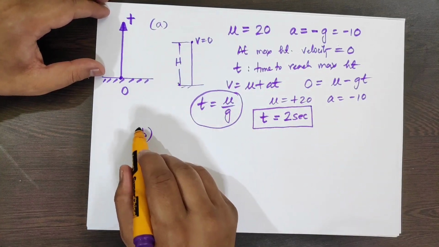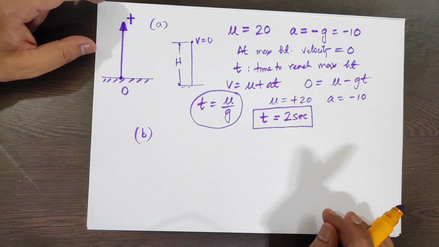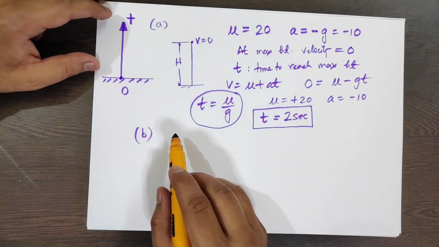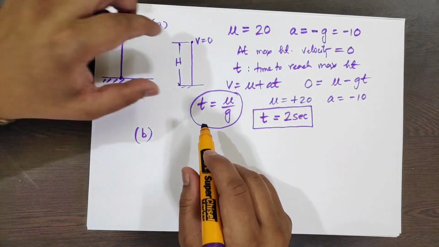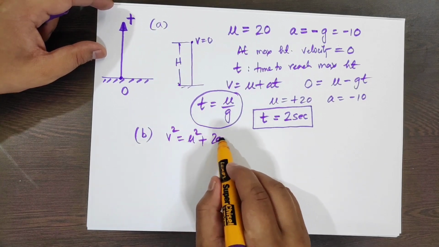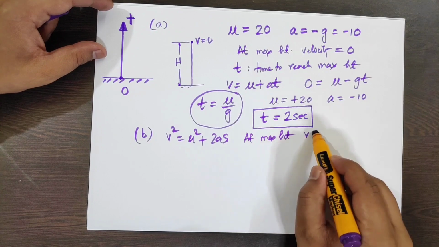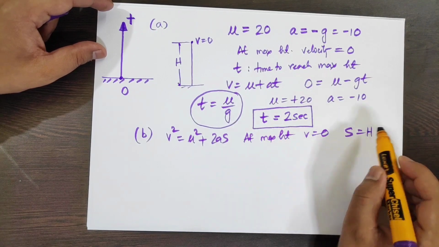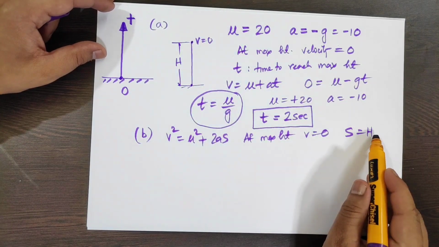Okay. Second part, maximum height reached. You can apply s equal to ut plus half at square, or I will apply this rather, v square equal to u square plus 2as. So at maximum height, v is equal to 0 and s is equal to h. From here to here, displacement is h.